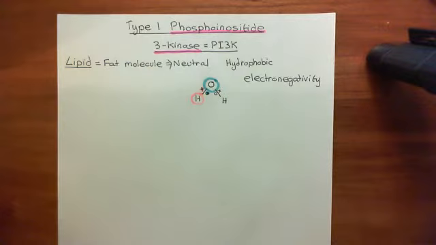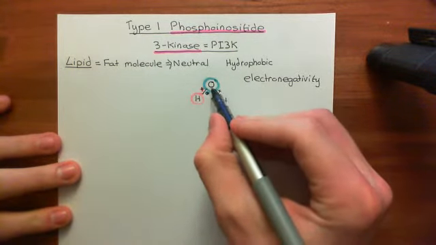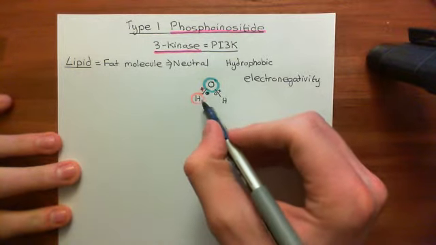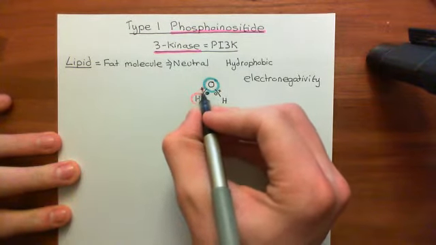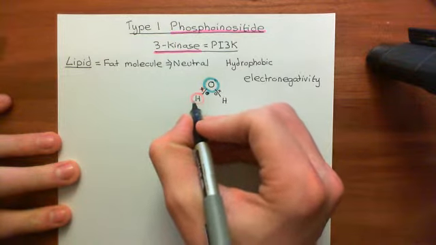That just means that the ability of oxygen atoms to pull electrons towards them is greater than the ability of hydrogen atoms to pull electrons towards them, which means that the electrons in this covalent bond are going to sit towards the oxygen compared to the hydrogen.